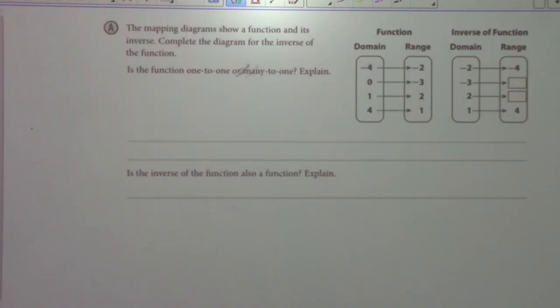Now let's look at a mapping diagram, which you've probably seen in your algebra lifetime. Here you have the original function on the left. Is this function one-to-one or many-to-one? It's going to be one-to-one, because each input has only one possible output.